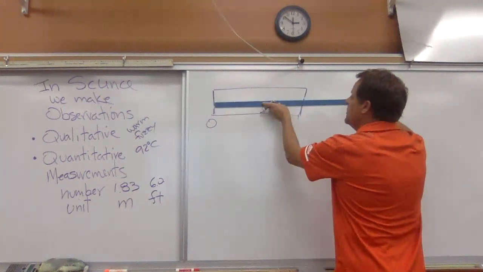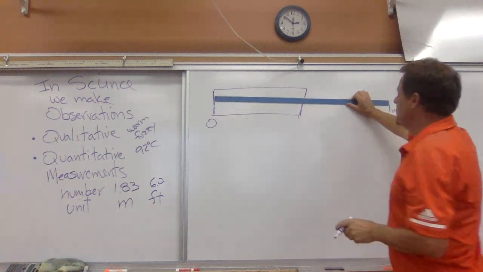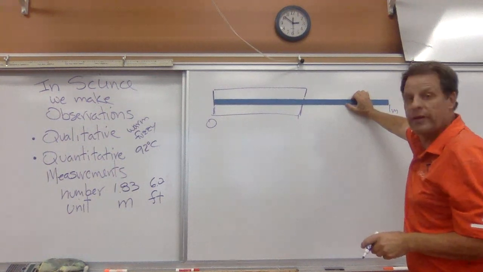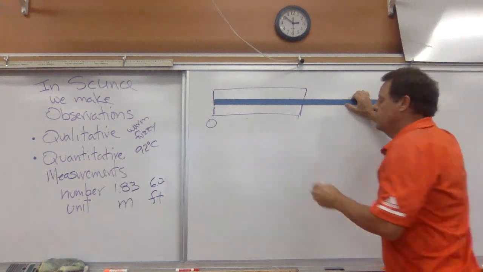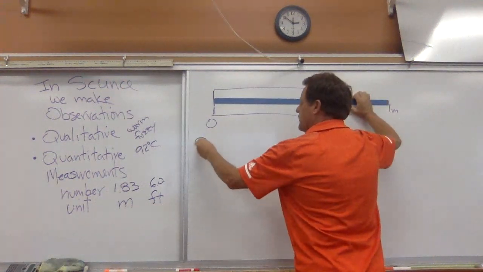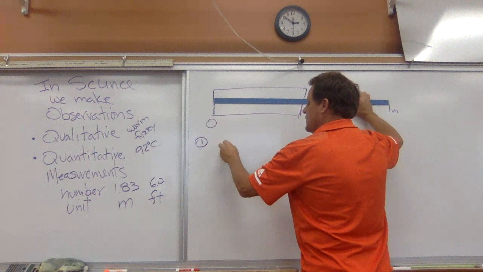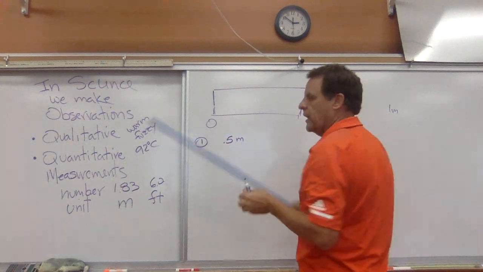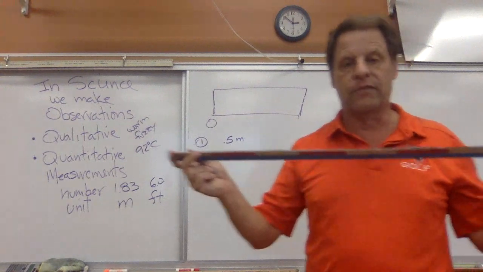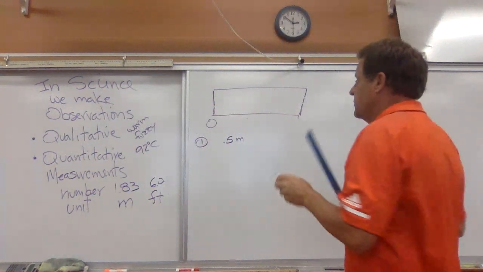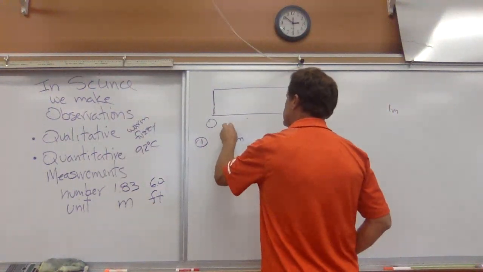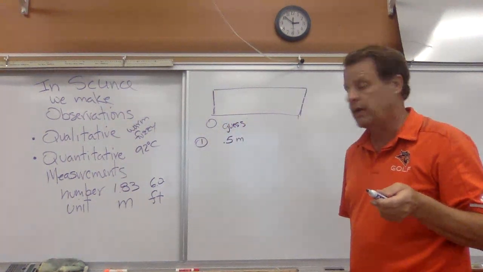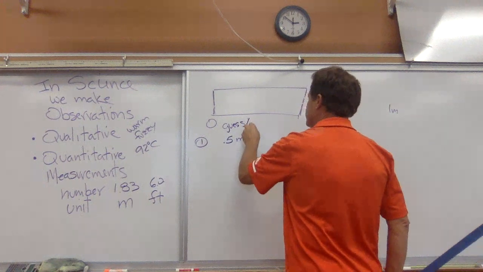So I'm going to estimate that that is about 0.5. My first observation is that it is equal to 0.5 meters. We can estimate the difference between these. Now this right here is a guess, or an estimation.